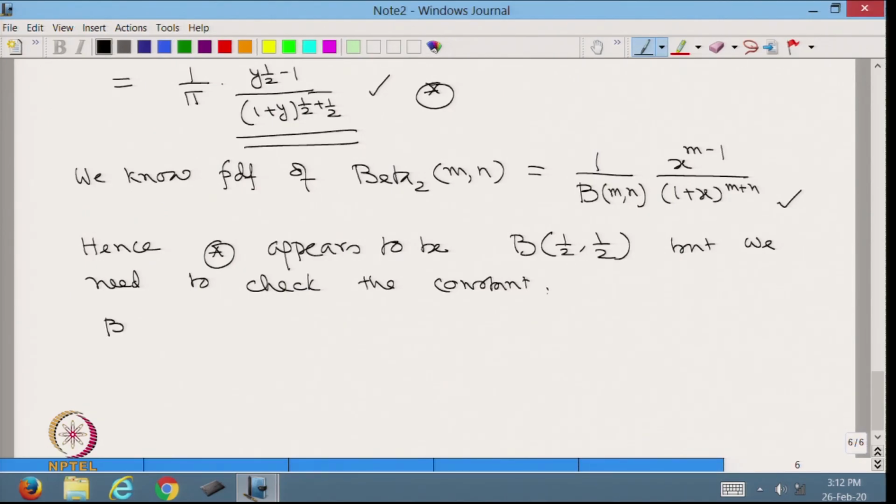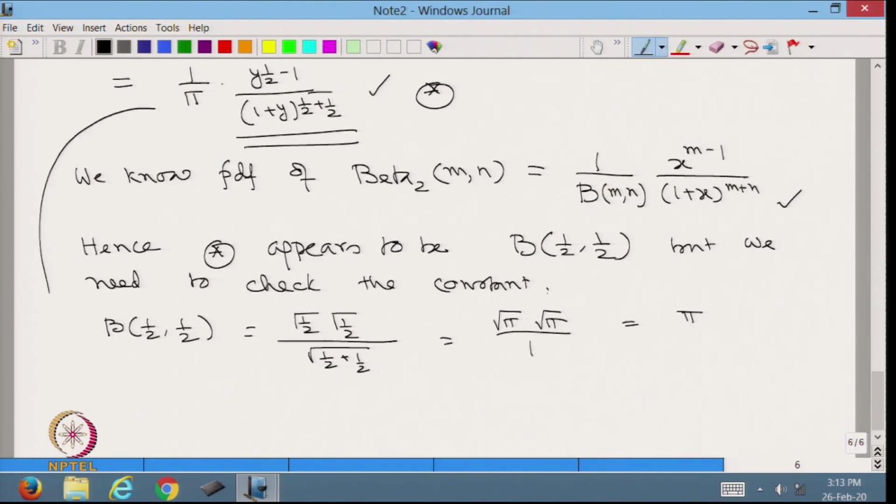Now, beta half comma half is equal to gamma half upon gamma half plus half, is equal to root pi upon 1, is equal to pi.